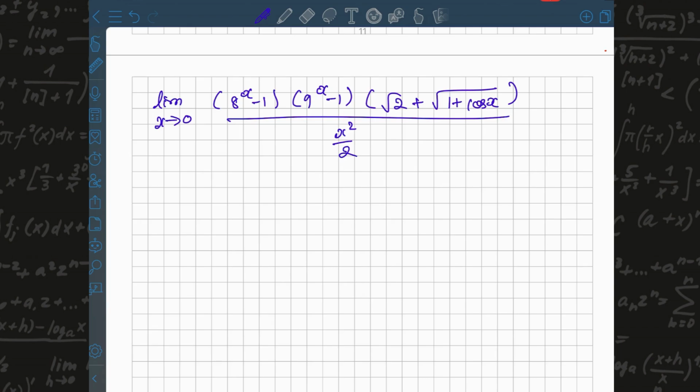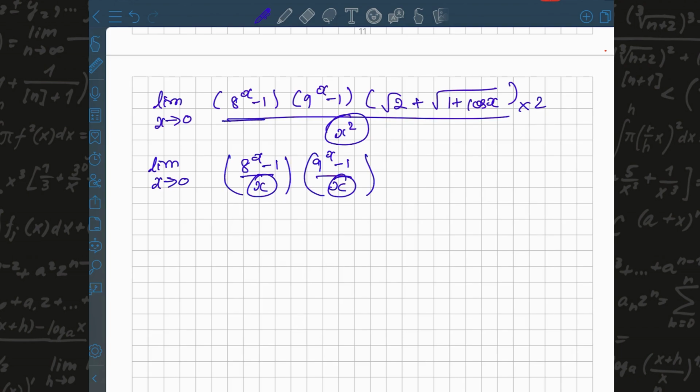And then the 2 goes to the numerator, so I'm writing it like into 2. Hope you guys get it. To simplify it even further, let's do like this: 8 power x minus 1 divided by x, 9 power x minus 1 divided by x. I'm just splitting this x square into individual x and making it a separate fraction.